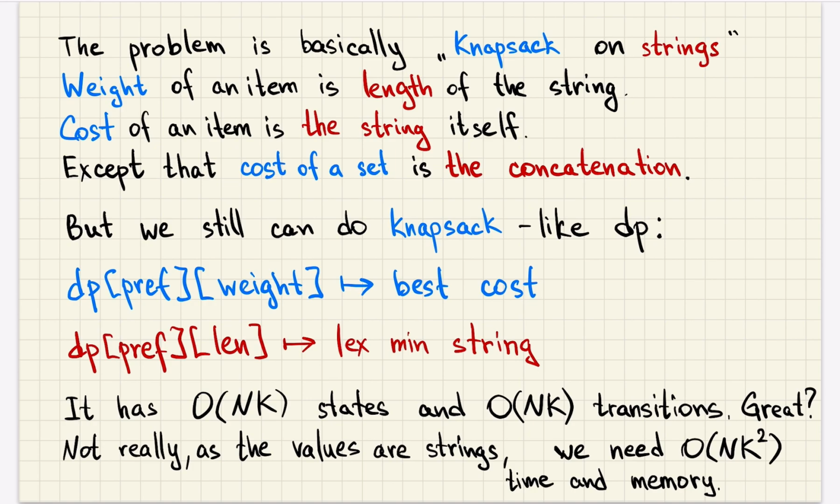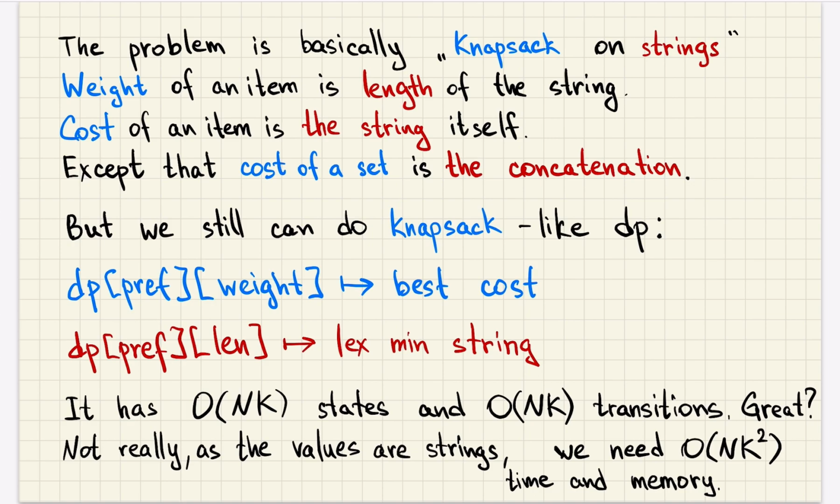For knapsack we do DP from prefix and current weight into best cost, and since our weight is length, we will do DP from prefix and current length into the lexicographical minimum string of that length, because that's what best cost is.